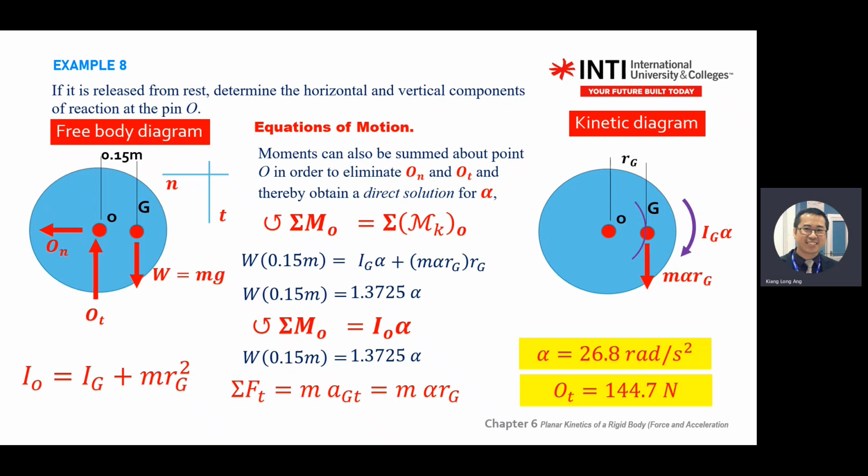What else? Then you use F equal to ma to solve the equation. Okay, so this is how you solve.